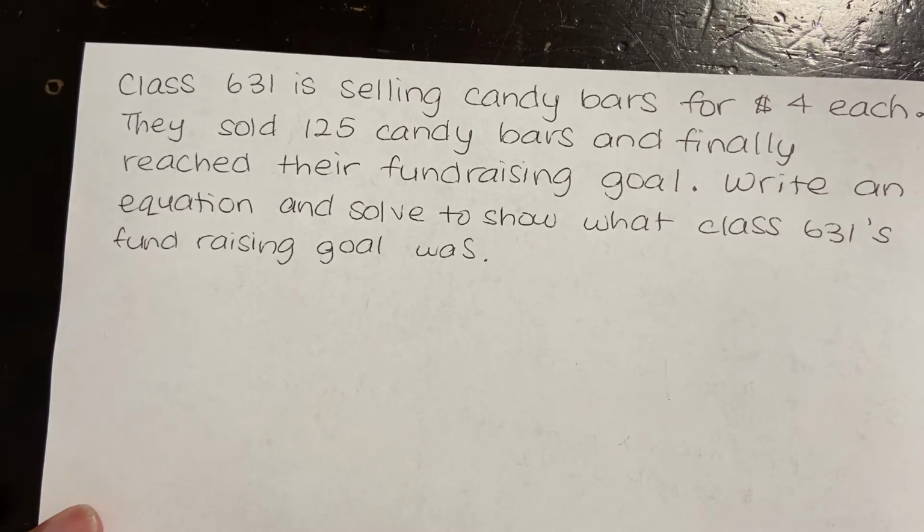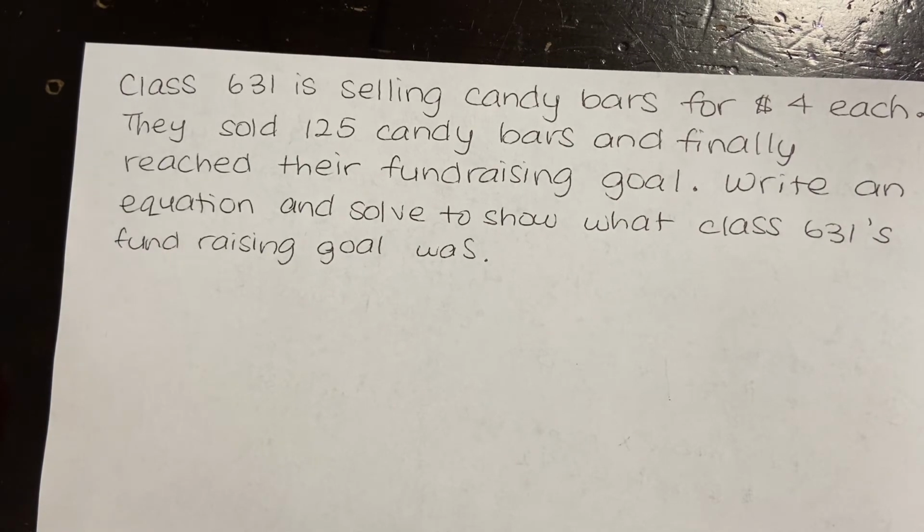Okay, well, you always have to stop for a second and think about what exactly is going on in this word problem. I have to analyze it in order for me to think about what I would need in order to solve. Okay, well, to come up with my fundraising goal, I need to know the cost of each candy bar, and I'm going to have to multiply this by the amount of candy bars to get that fundraising goal.